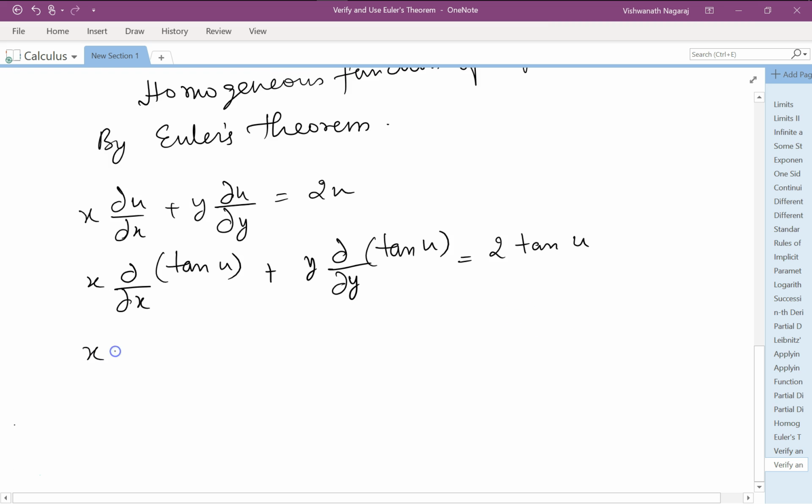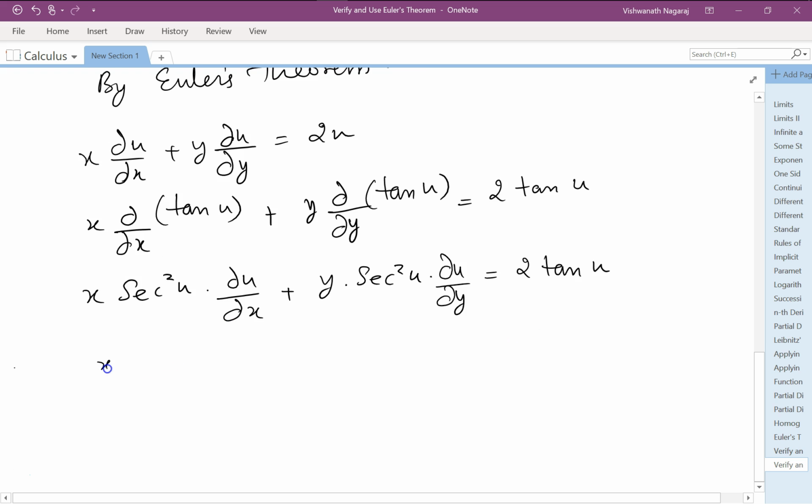So when we differentiate tan u, what do we get? Sec square u, and then we have to do for u, so x times sec square u ∂u/∂x plus y times sec square u ∂u/∂y is equal to 2 tan u.